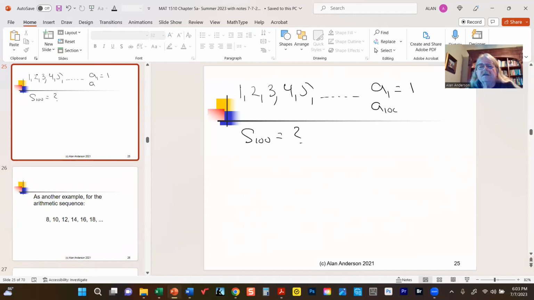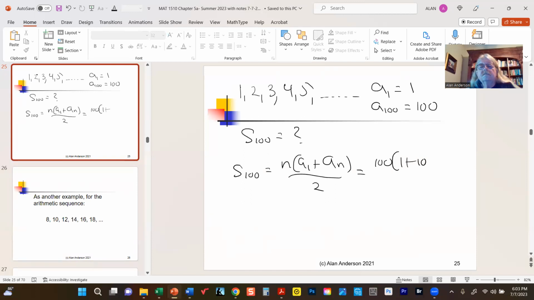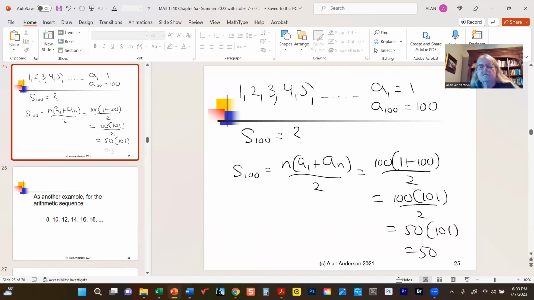Now, clearly, because the common difference is just 1, A100 is also 100. That gives 5050. So you can see it saved us an enormous amount of time. And it works.